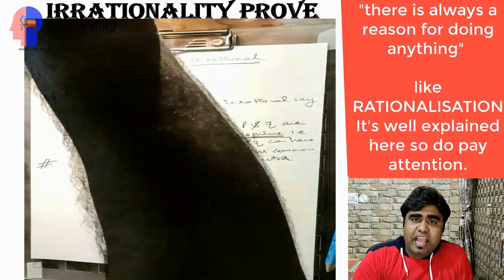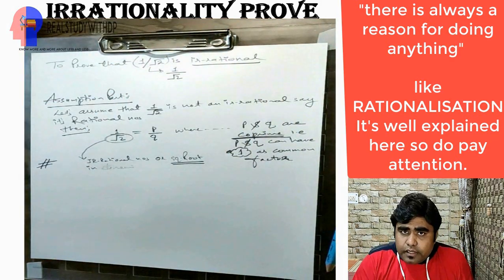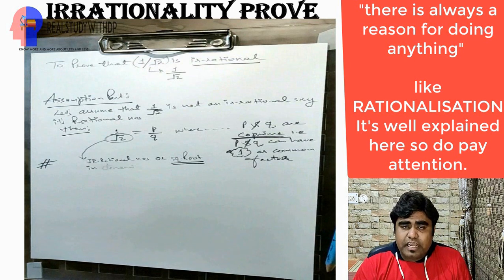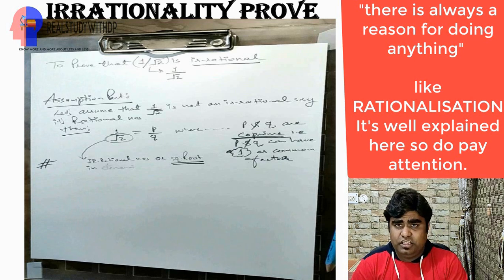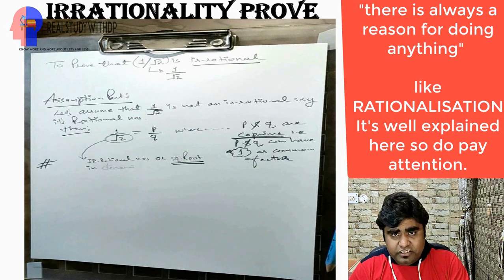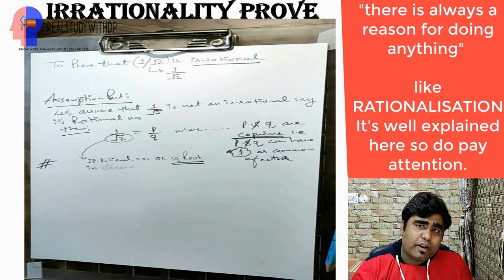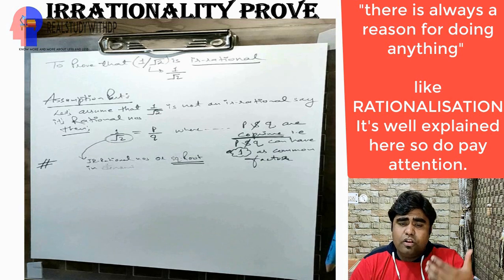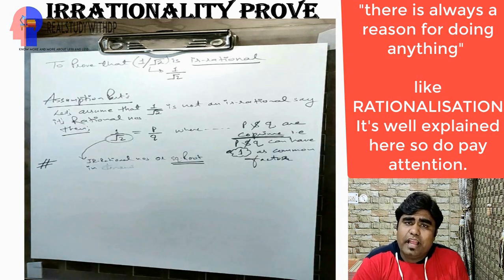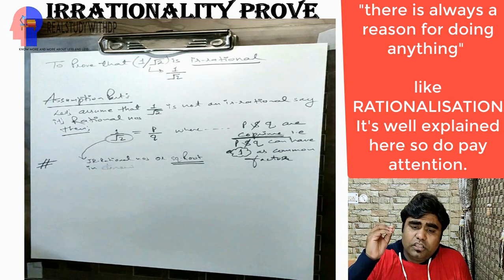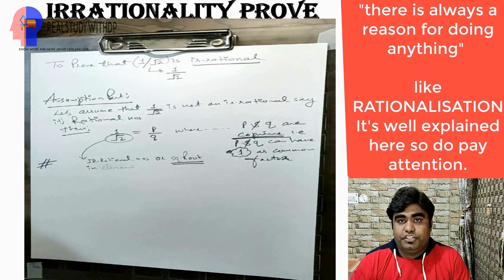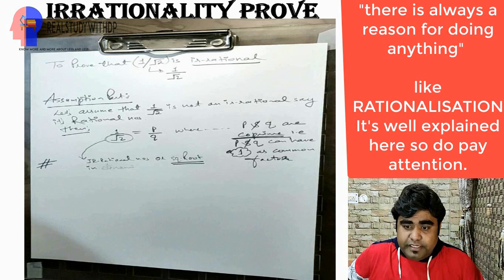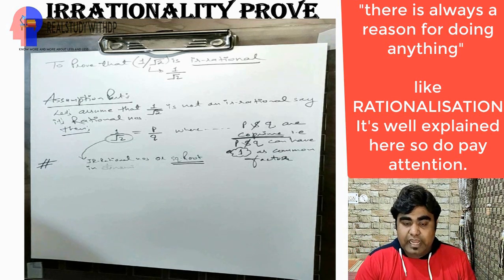There is an explanation behind that. We just do it, and we hardly bother to know why there is a need to rationalize the denominators. Why do we need to kill off the square roots or cube roots or any roots from the denominator? What is the funda behind killing the roots from the denominator? Well, there is an explanation for that.